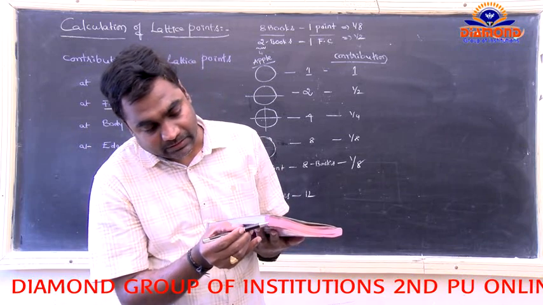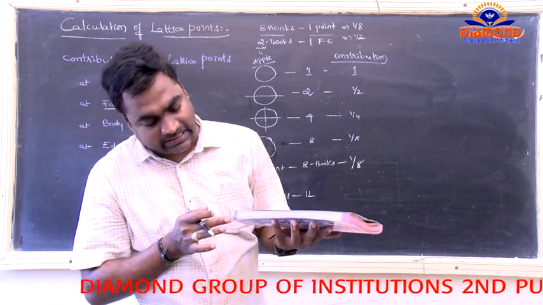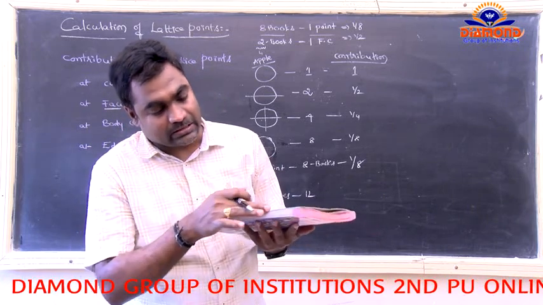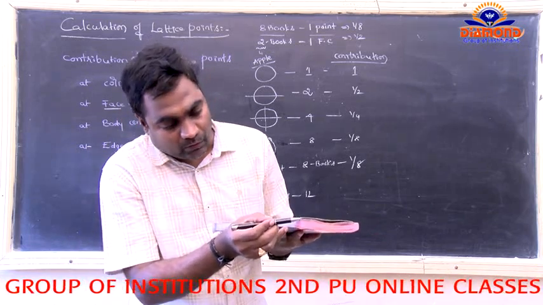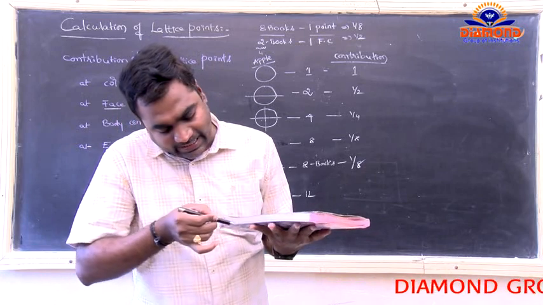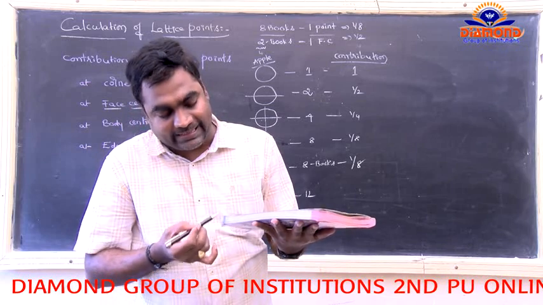Here is the edge, next, here is the edge, next, here is the edge. So for this face we got 4 edges: first edge, second edge, third edge and fourth edge. Total 4 edges are present.